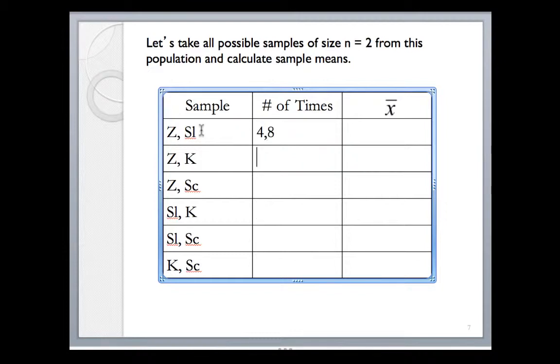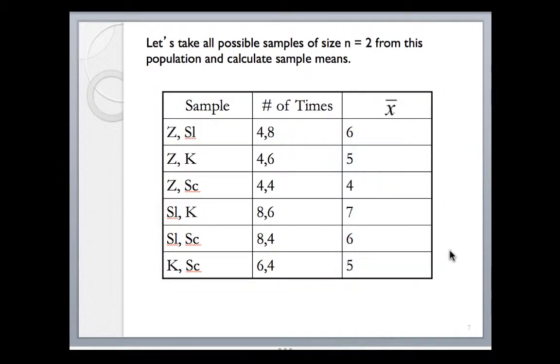And the pairwise number of skipped classes would be the following. Okay, and the x bar, the mean, would be, of course, adding those 2 pairs and dividing by 2. Right? We're going to have 6, 5, 4, 7, 6, and 5.